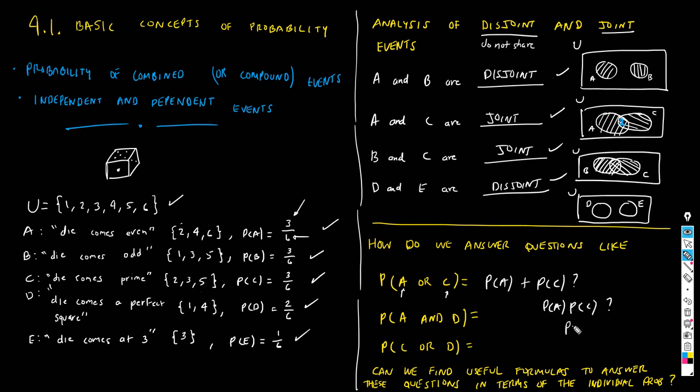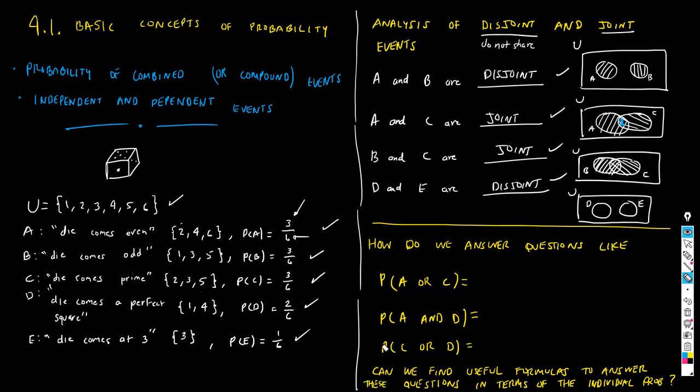Or could it be their division? You see what I mean? So can we find some useful formulas to answer these questions in terms of the individual probabilities of these events, of the event A, C, or D, or C, and so on? You see what I mean? That's what we're trying to look for. Okay.